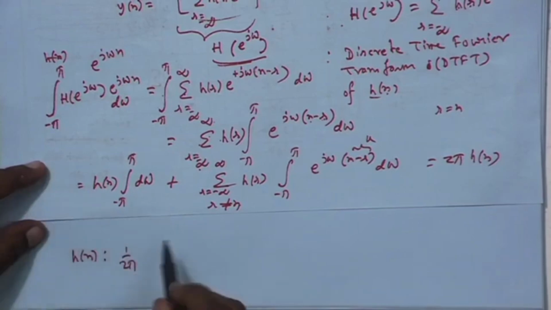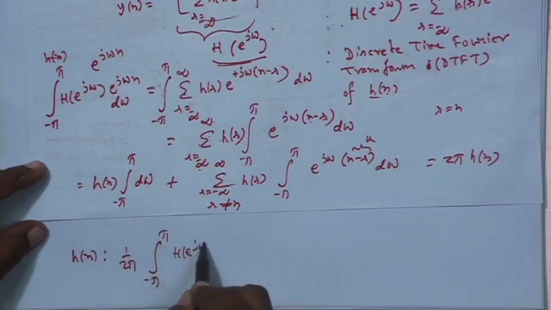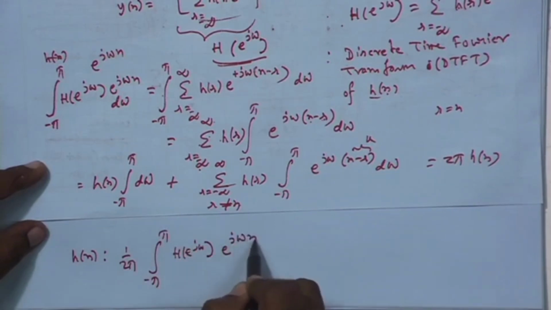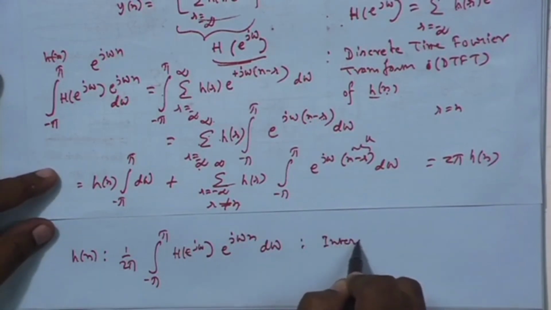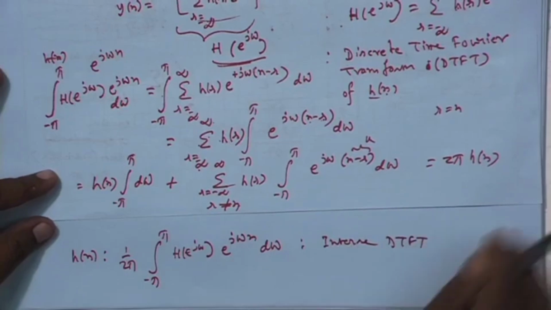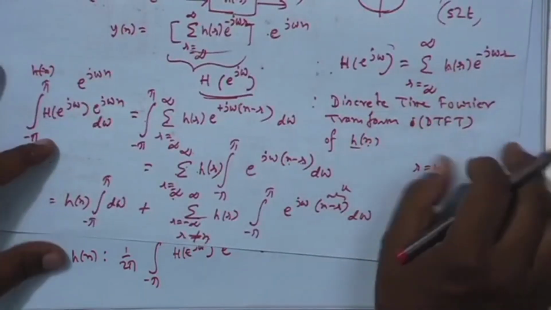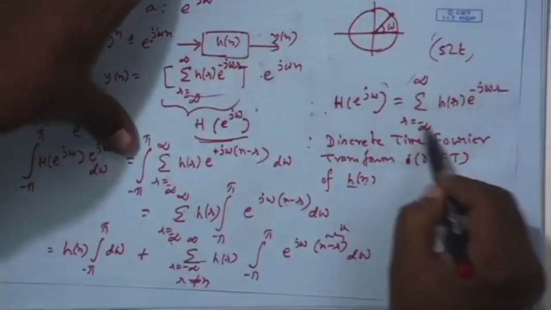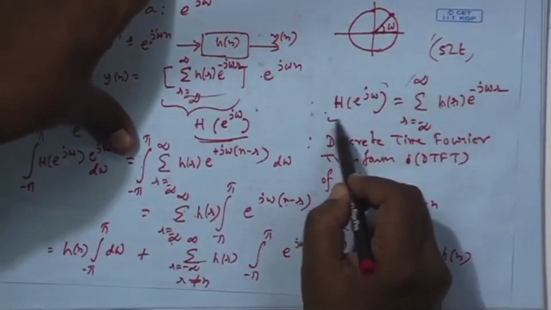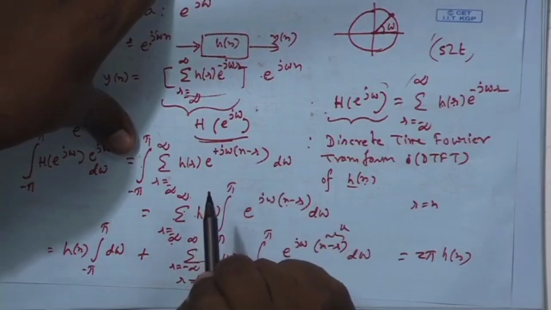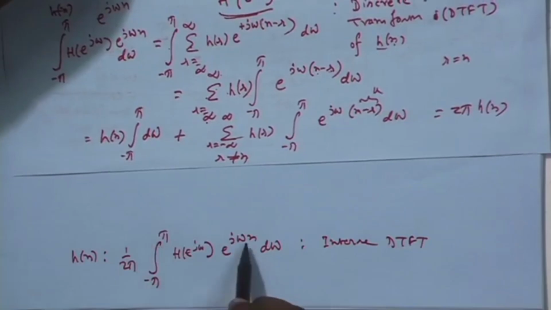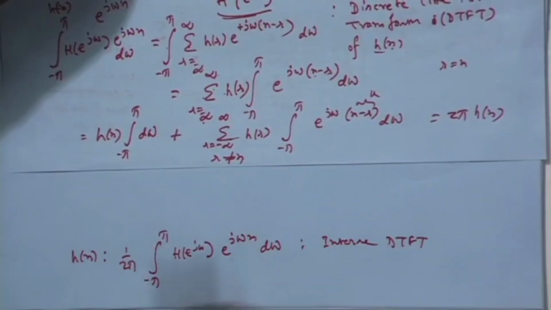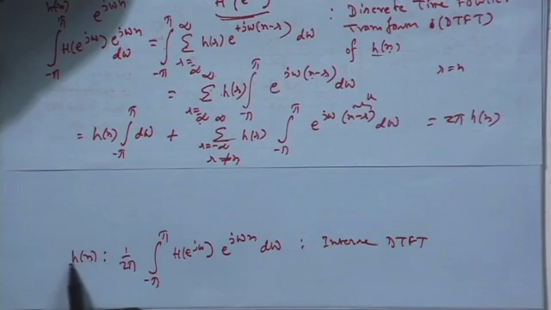Which means h n you can get back as 1 by 2 pi times this integral. This is called the inverse DTFT. That is, given any sequence h n, if you carry out this summation, you get the discrete time Fourier transform, and given the DTFT, if you carry out this integral for one n of your choice, you get the sequence sample at nth, h n.